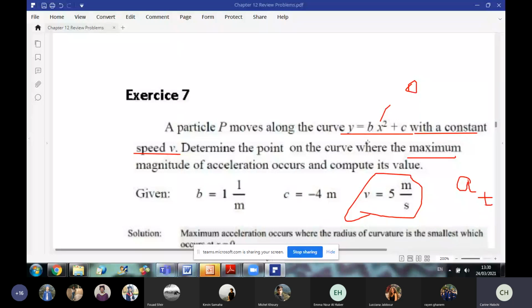No, B is the unit, the 1 over meter. Here in this problem, once I put 1 over m, this means that the unit of B is meter minus 1, because look here, you are multiplying B by x squared and y is in meter. This is why, to have the same dimensions in your equation, the unit of B should be meter minus 1, because when you multiply by meter squared, you should get meter.